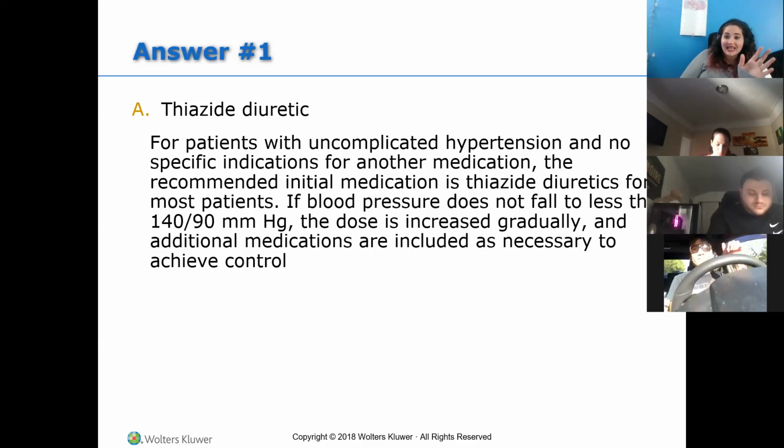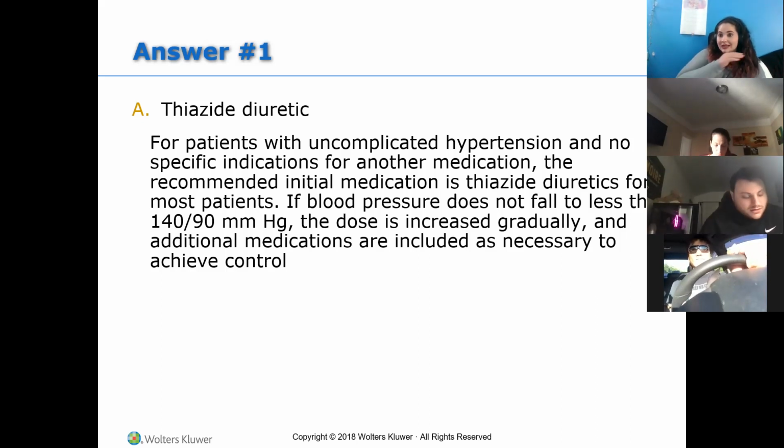This is just the very first stages of stage 1 hypertension. You're going to start them on a medication. When it's an African American, you do a calcium channel blocker or the thiazide diuretic to start with. And for white or other populations, you have the ACE inhibitors or the ARBs initially.